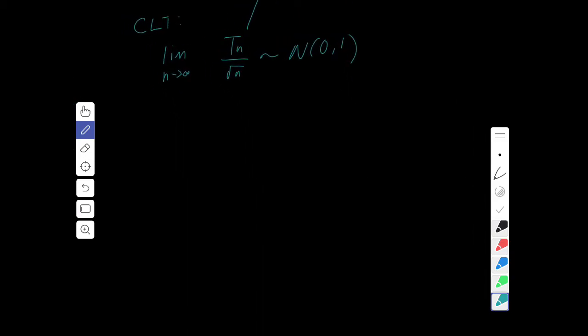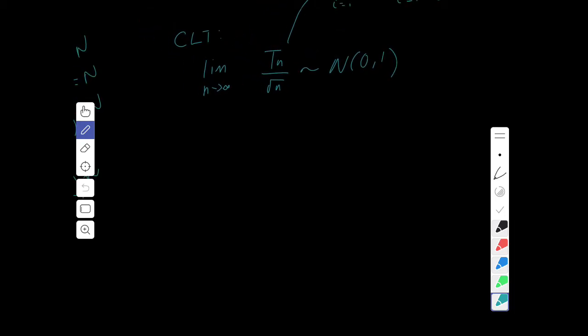Now, we've spoken before about the method of moment generating functions, and the method of moment generating functions is a statement about the fact that if you have two random variables and they have the exact same moment generating function, then they have the same distribution. And the same is true for the limit of moment generating functions.